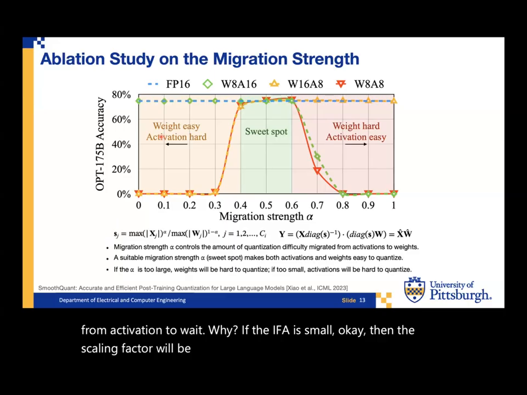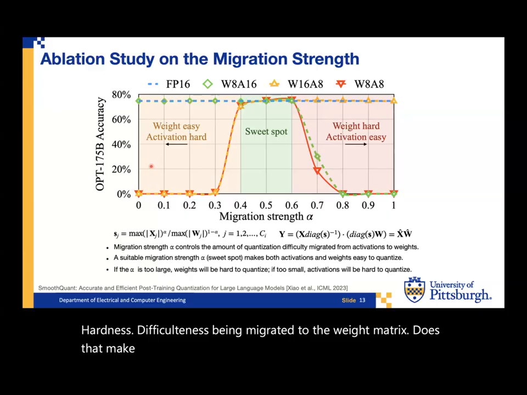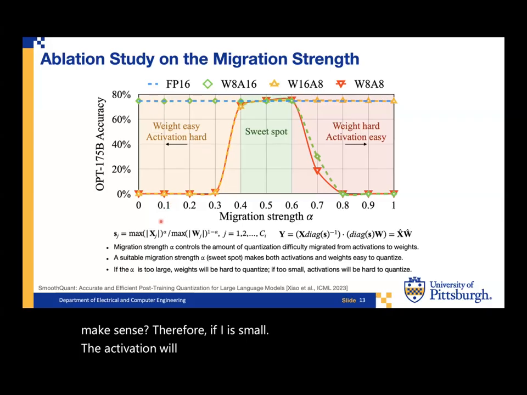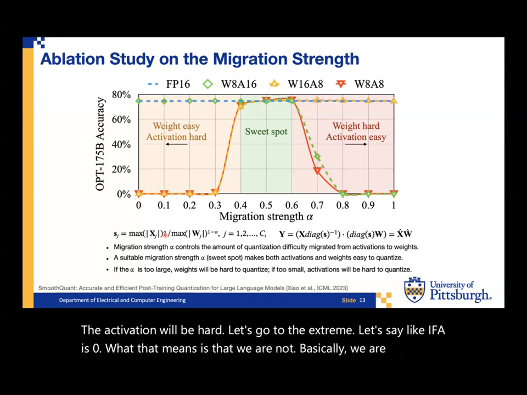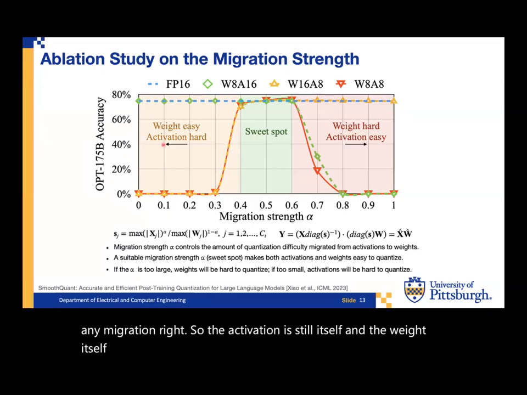Then less of the activation difficulty is migrated to the weight matrix. Does that make sense? Therefore, if alpha is small, the activation will be hard. Let's go to the extreme: say alpha is 0. That means we are not doing any migration, right? So the activation is still itself, and the weight is still itself. That's the original one, so it's going to be harder.